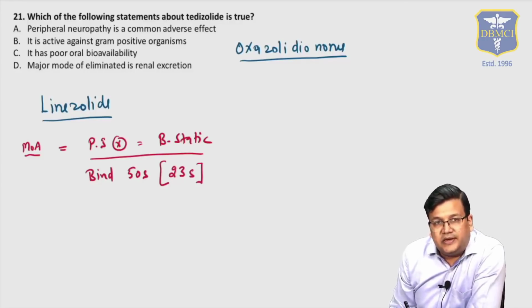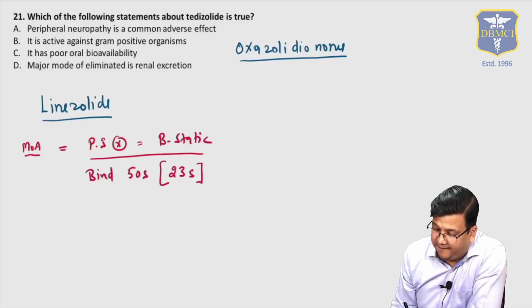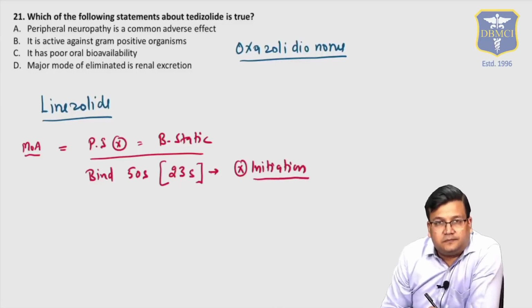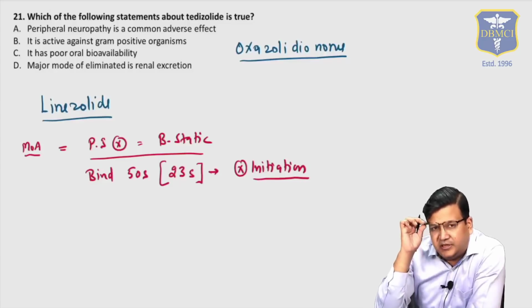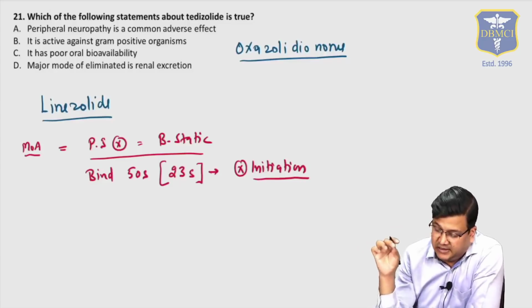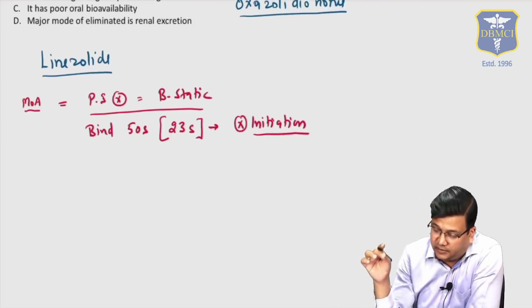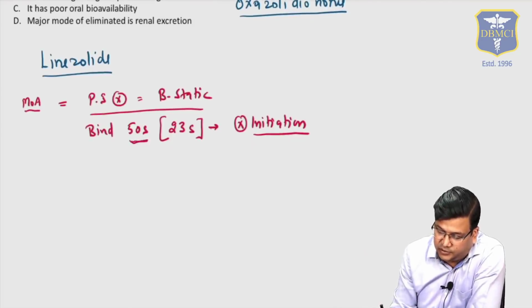So 23S of the 50S, and they will inhibit the initiation. Normally initiation is inhibited by binding to 30S. These are the only class of drugs that inhibit initiation of protein synthesis after binding to 50S. So that needs to be remembered.